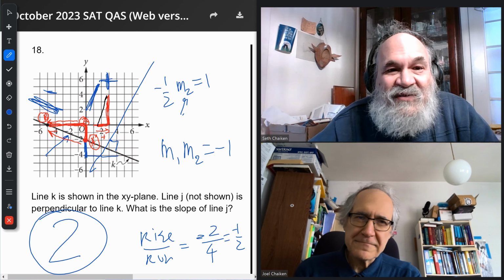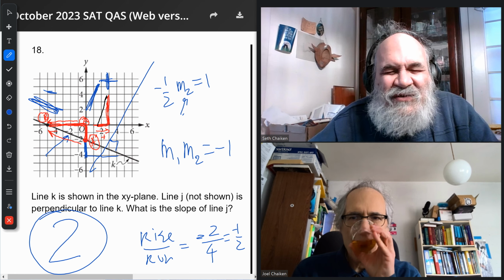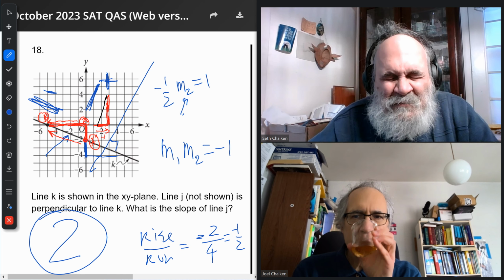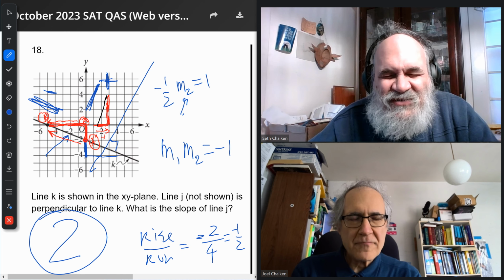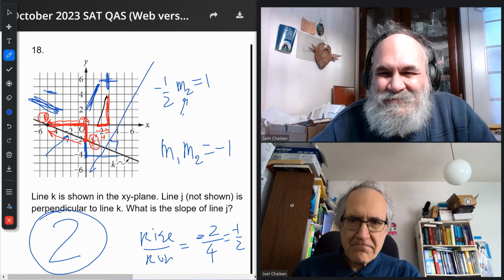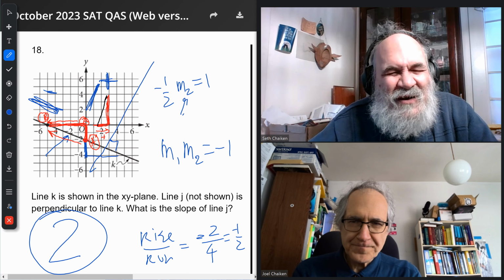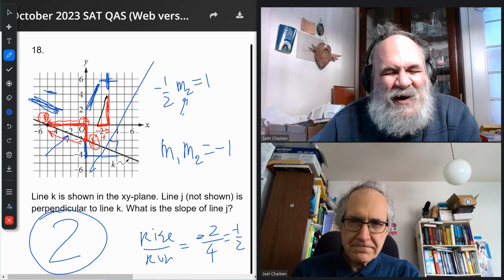So what happens is, one of the rise and the run flips sign. When you interchange rise and run, one of them changes sign and the other one doesn't. I guess that's how it works. When you rotate this triangle, one of the displacements goes the other way.